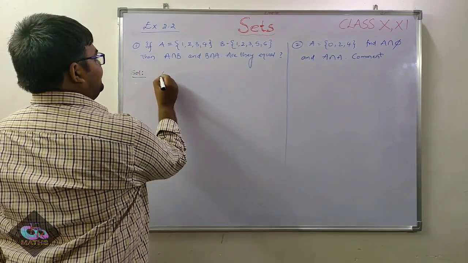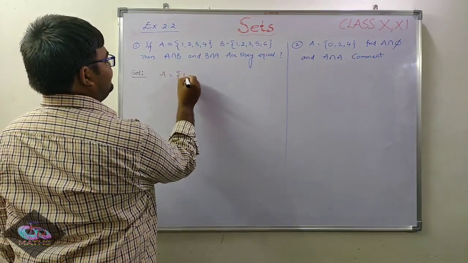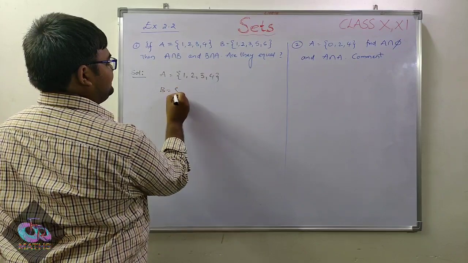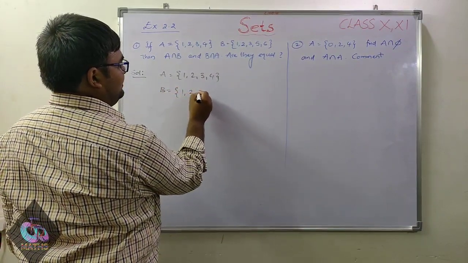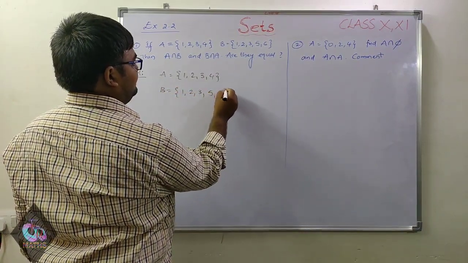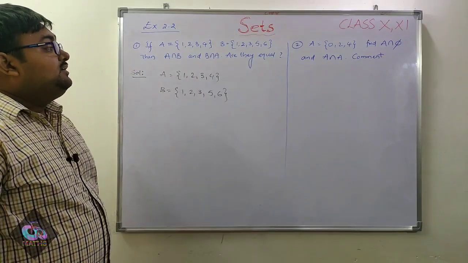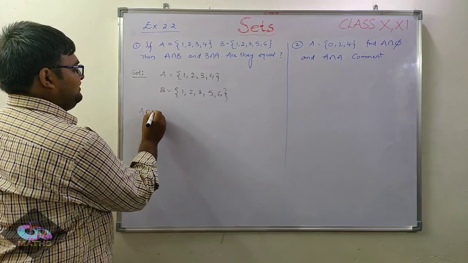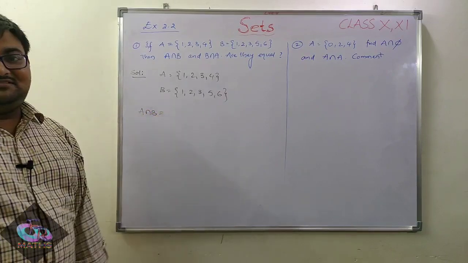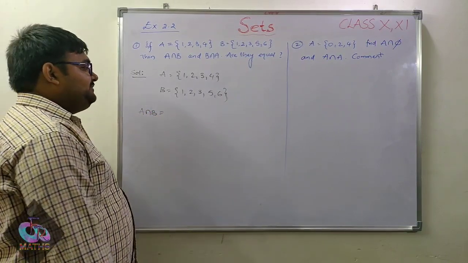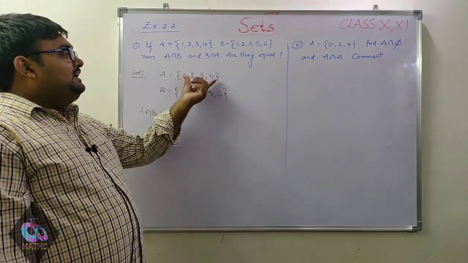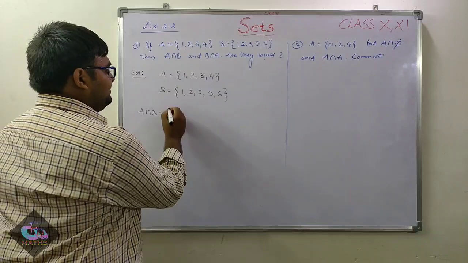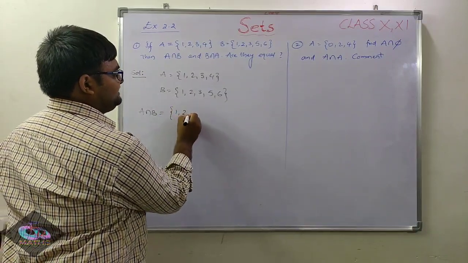So the given set A is {1, 2, 3, 4}, set B is {1, 2, 3, 5, 6}. Now A intersection B. A intersection B means nothing but the set of common elements to both A and B. So from this what we can say?